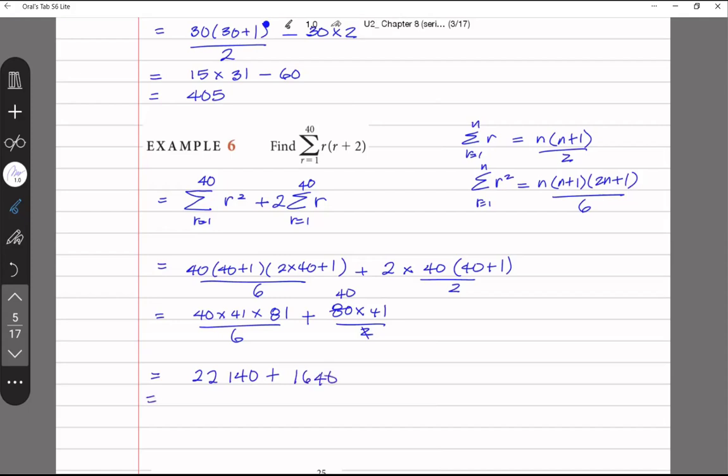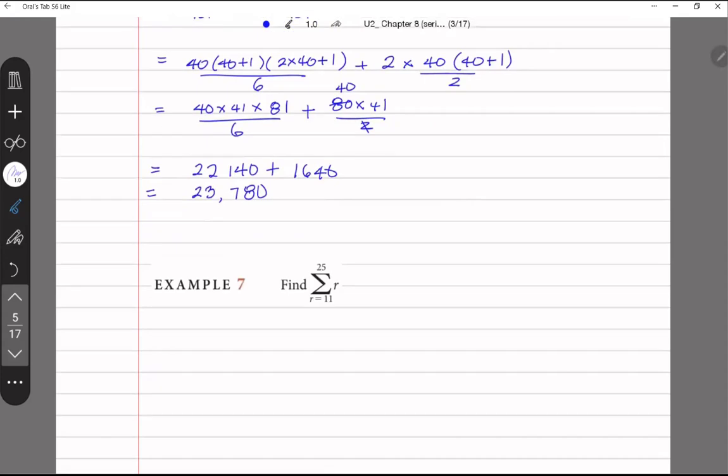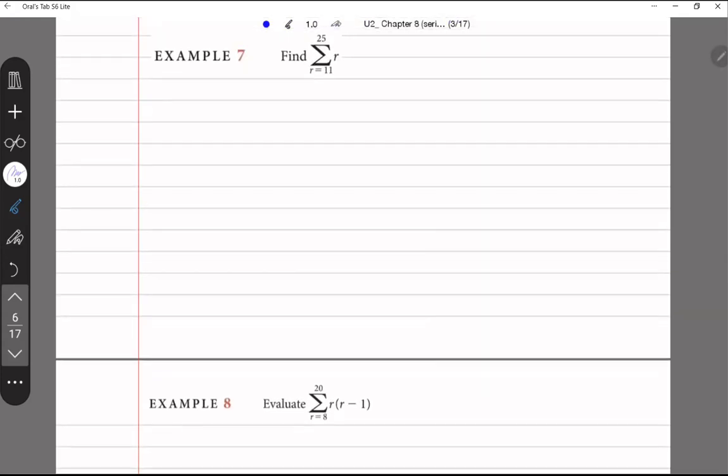Final answer, we get 23,780. All right, examples 7 and 8.